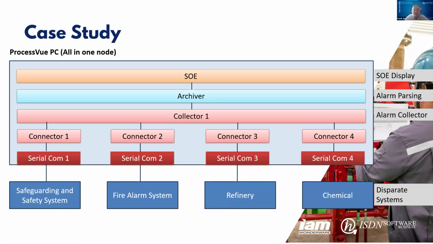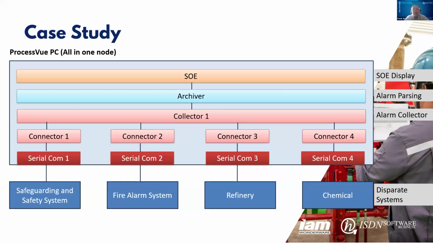Next, we're going up to the next layer here, highlighted in red. This is connected via serial communication. There's serial communication 1, 2, 3, 4 here. They're both using RS-232 communication. Then the connector here, colored pink, is from ProcessVue.